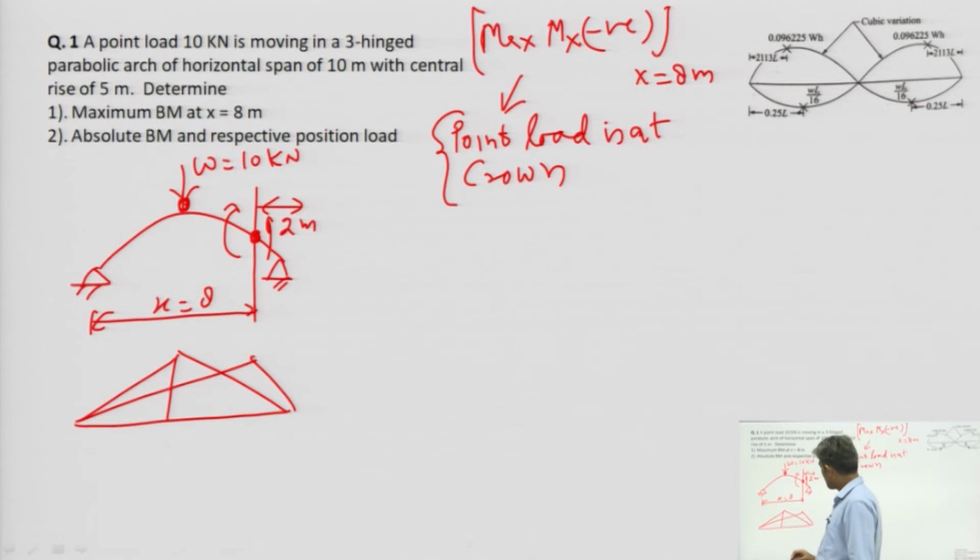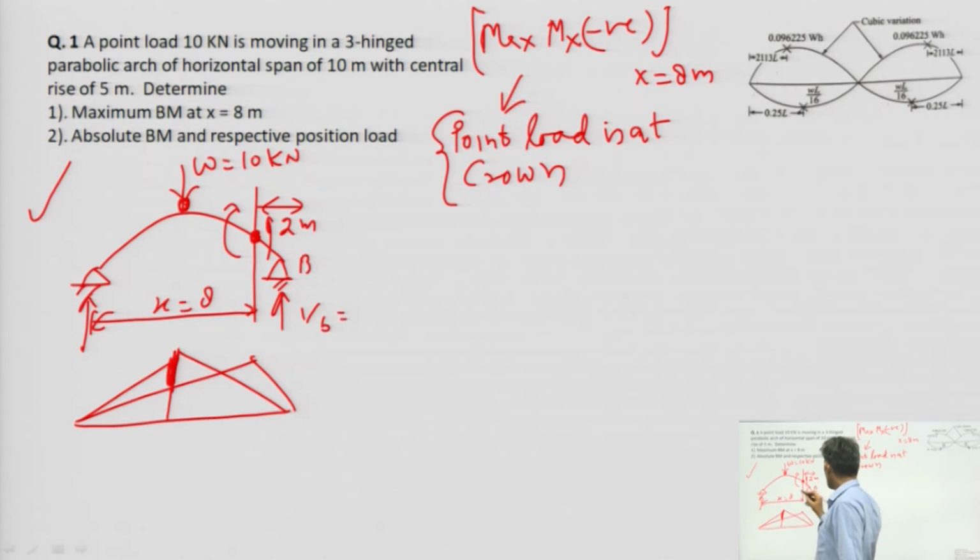In this case, if we are using IL, then the value will be load multiplied by this ordinate, that you need to calculate, okay, as we did in the previous question. So, let us solve by this procedure. Since load is at the crown, okay, so what is the reaction?